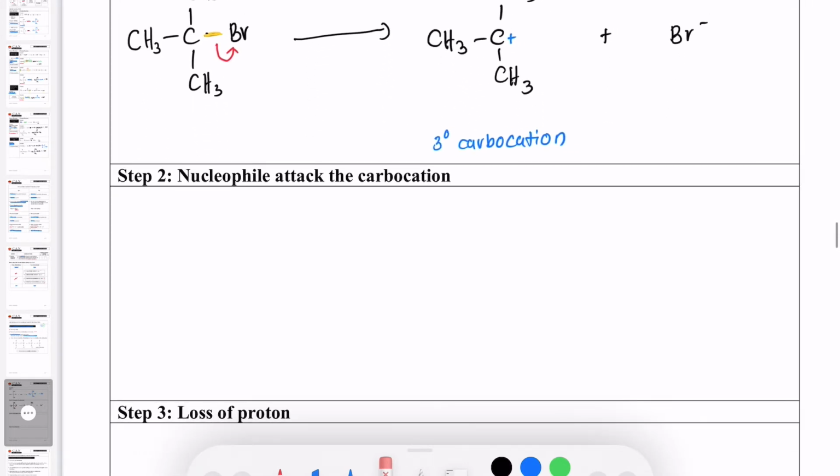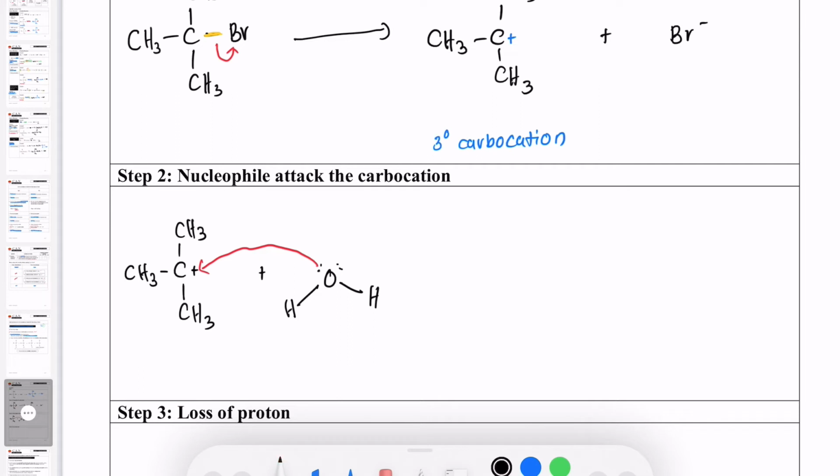Now, step 2, kita bawa kita punya carbocation tadi. Ini positif kan? So kita tambah dengan water tadi. Macam biasalah, oksigen ni banyak lone pair, dia akan serang ini.